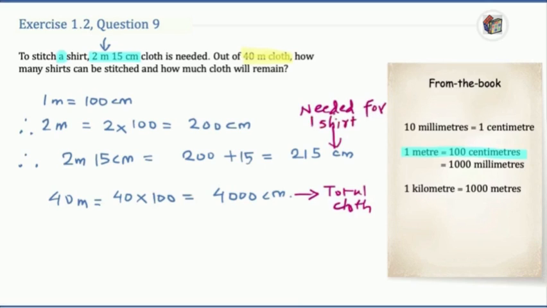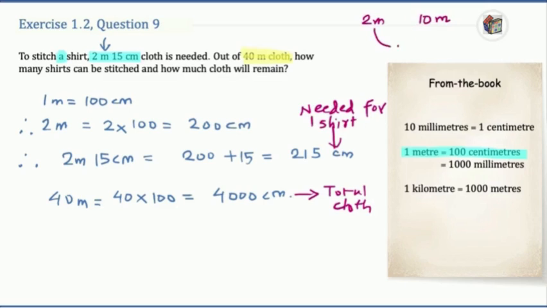Now my question is, how many shirts can I stitch with the total cloth that I have? So again, if this confuses you, you can take a small example. Suppose one shirt required just 2 meters and you had a total of 10 meters of cloth. How many shirts will you be able to stitch?